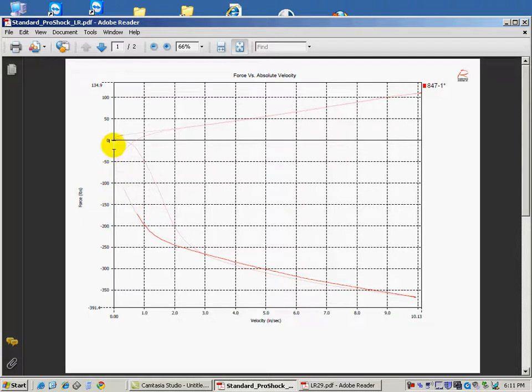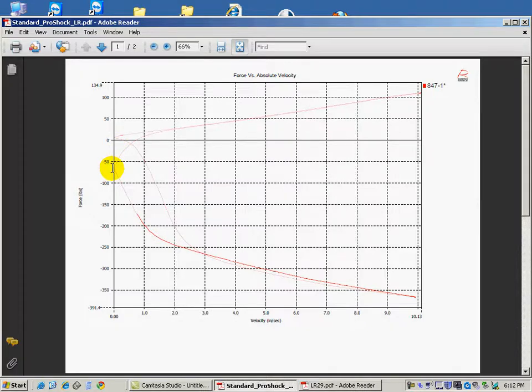The first two lines I showed you, this one and this one, are the shock speeding up. These lines here and here, the shock slowing down. And what you want to look at here is at the 0 on this vertical 0 axis, which is no speed at all before you actually push it or pull it out.